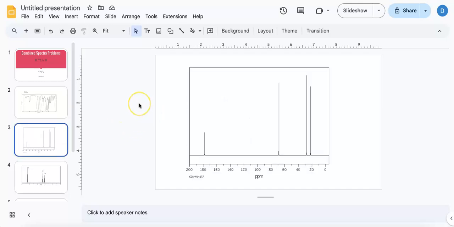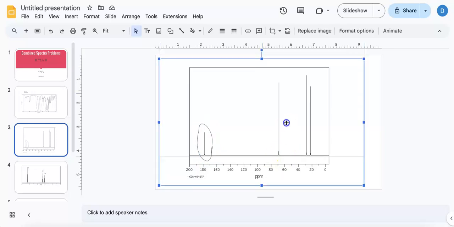And then we are going to go through the carbon 13. As you can see here, there are 1, 2, 3, 4 peaks, and we do have 4 carbons to start with. So we're going to identify a few of these. This one right here at about 180 is indicative of a carbon double bonded to oxygen.